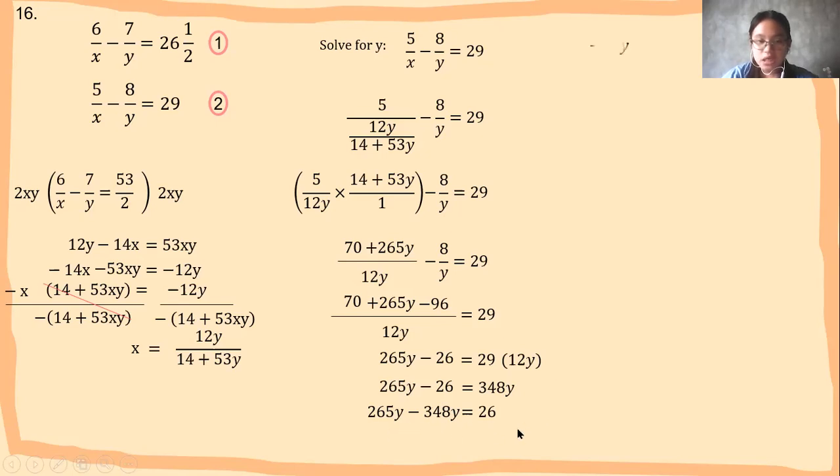So subtract: negative 83y is equal to 26. Then let's divide both sides by negative 83. Cancel the negative 83 here, and the remaining is y is equal to negative 26 over 83.